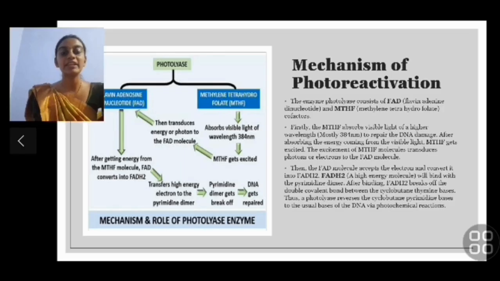The FADH2, which is now a high energy molecule, can get attached to the thymine dimer, and after binding to the dimer, it will break the double covalent bond between the cyclobutane thymine bases, and thus the photolyase enzyme will reverse the cyclobutane pyrimidine bases to the usual bases of DNA via a photochemical reaction.